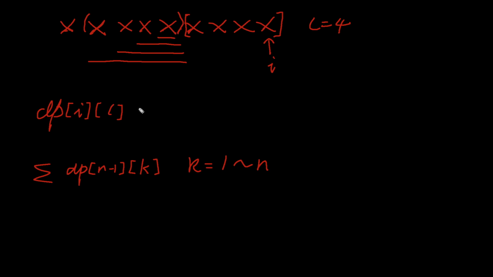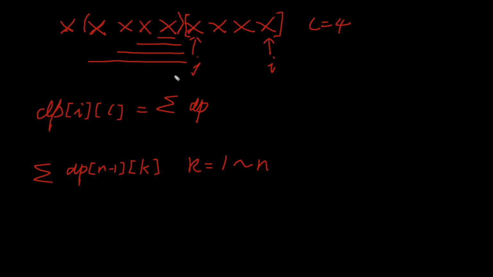So that's why this one is going to be a sum of DP. Let's say we have i, and based on this L we can easily get j here. j is the start of the last number, and i is the end of the last number.